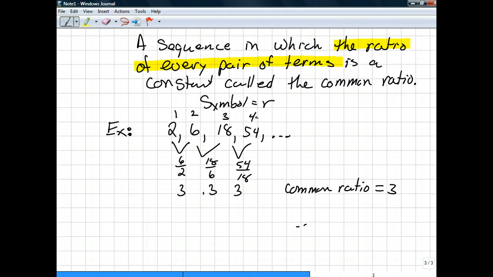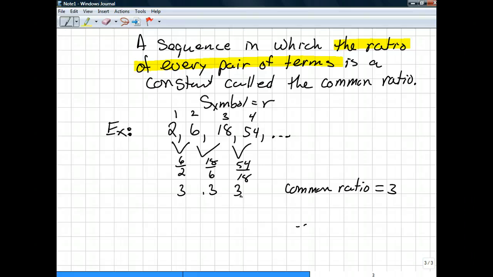If I take term 2 divided by term 1, 6 divided by 2, I get 3. If I do the same thing with term 3 and term 2, 18 divided by 6, I get 3 again. 54 divided by 18 is 3 again. So 3 is the common ratio.